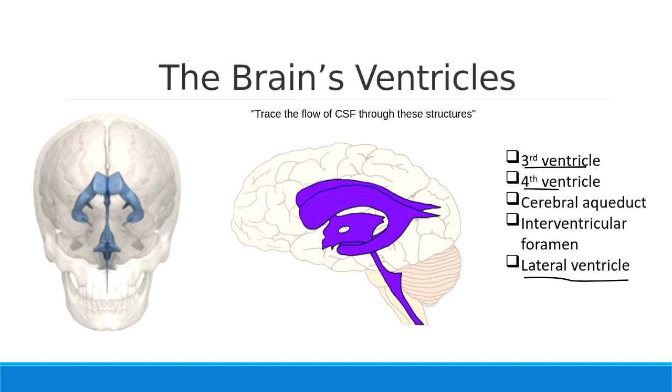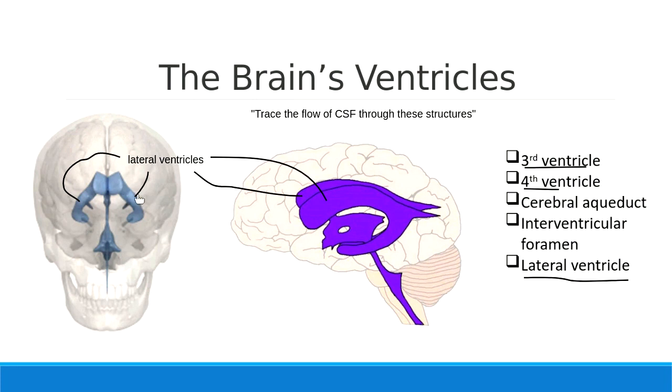The lateral ventricles. When I look head on at my ventricles, they're the ones that are most lateral, most toward the side. When I'm looking at the brain from the side, the lateral ventricles look a lot like a horseshoe. So I've got two lateral ventricles that look like horseshoes from the side, or they're found very far laterally when I'm looking at it head on.